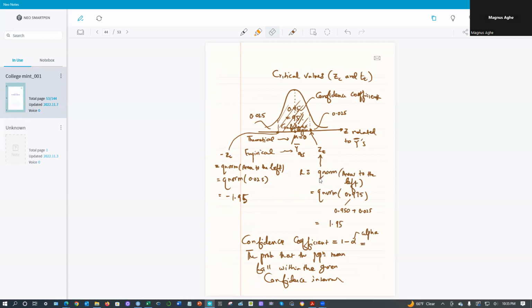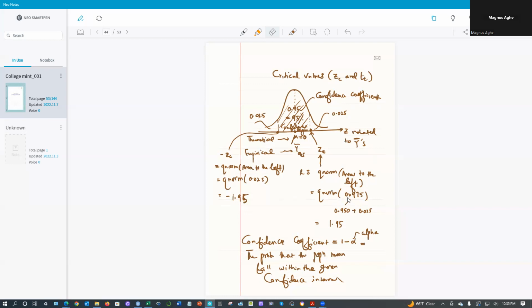How do you get it by R? Go to qnorm, put the area to the left. Area to the left is how much? I'm talking about a 95% confidence interval. 95% confidence, 95 is called the confidence coefficient. So the tails will equally carry the same weight, 0.025, 0.025.